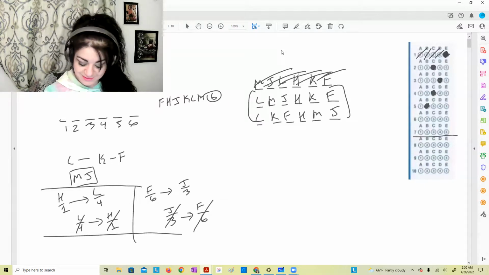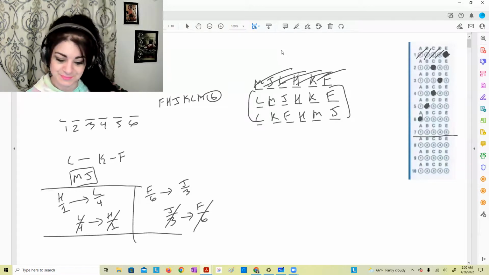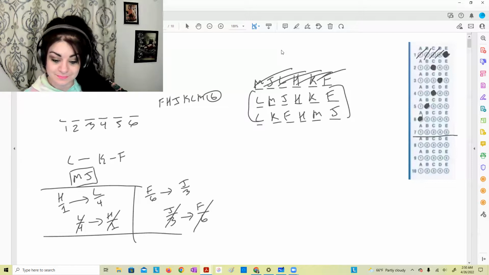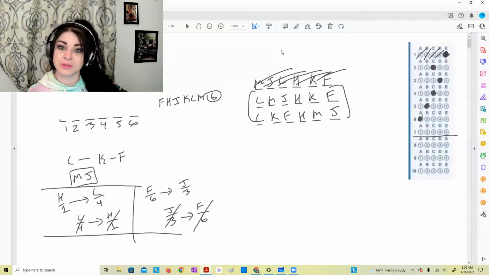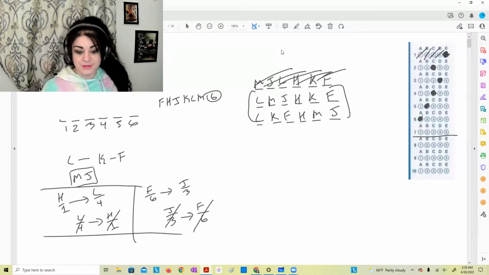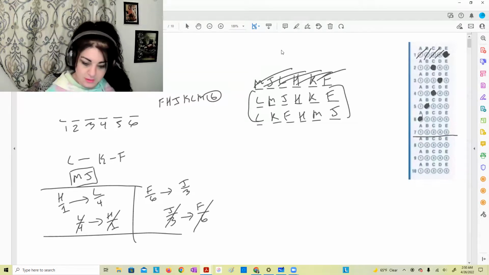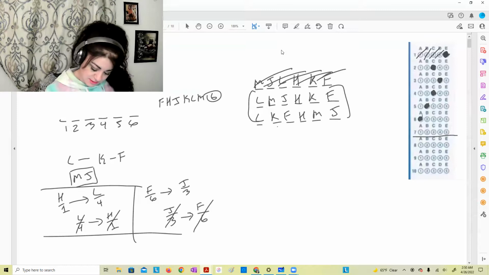All right, last one. Let's see. Ooh, this is asking about who was excluded from the second position. So what do I know? Well, I know that I can actually cross out some of these because I'm looking at my previous work. So I don't have my glasses on.